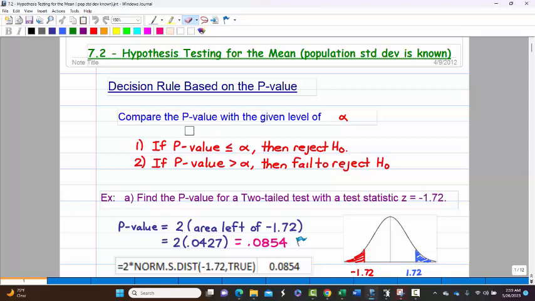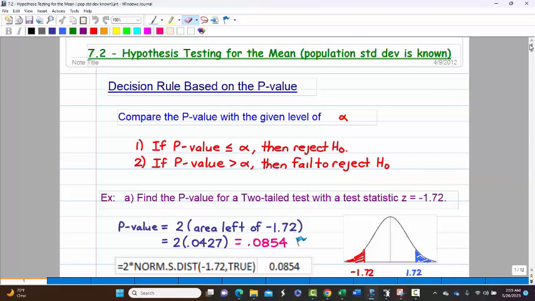If the p-value is less than or equal to alpha, and remember that alpha is also called the level of significance, then reject the H0. If the p-value is greater than alpha, then fail to reject the H0. So it's pretty straightforward.